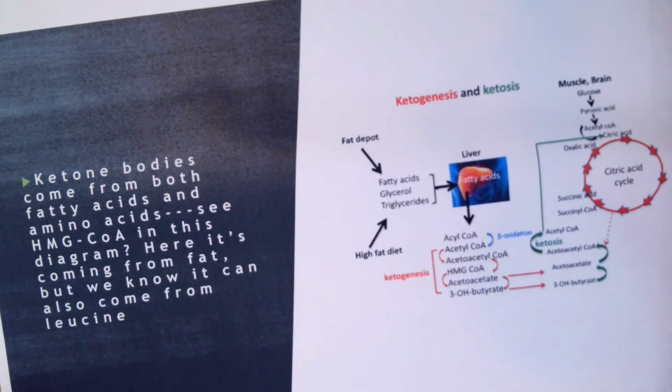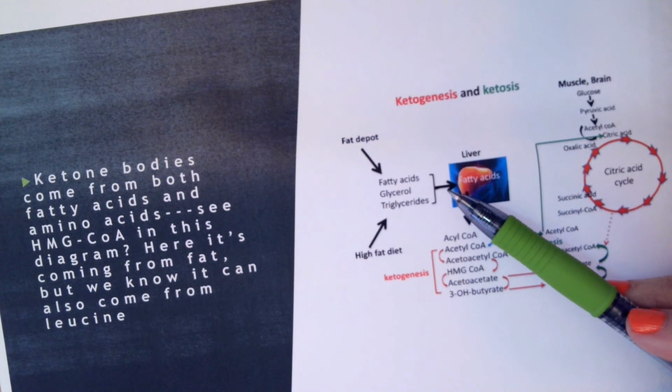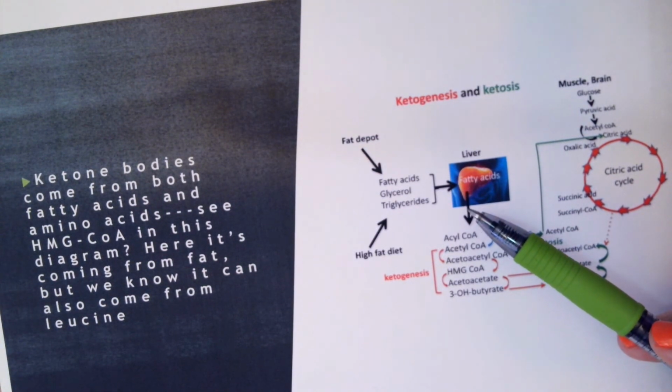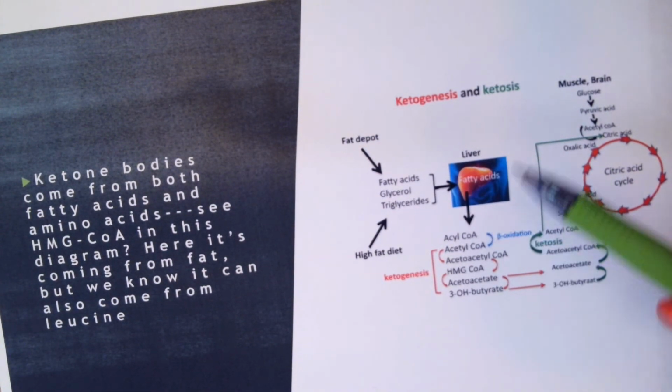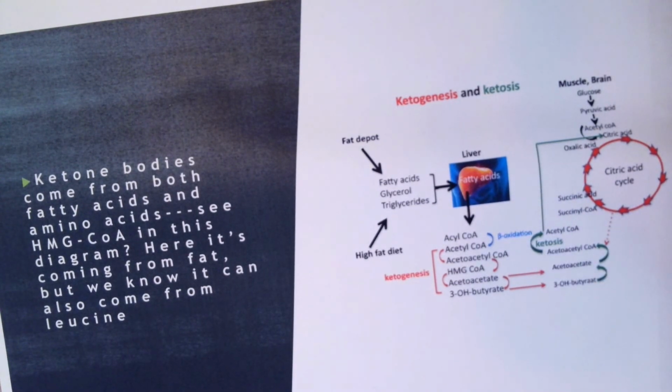Now, ketones can also come from fatty acids, and they often do. This diagram is showing how we get ketones from fat. We've watched ketones coming out of leucine. We just saw HMG-CoA coming out of a branched chain amino acid, but here we can also see it coming from a fat.